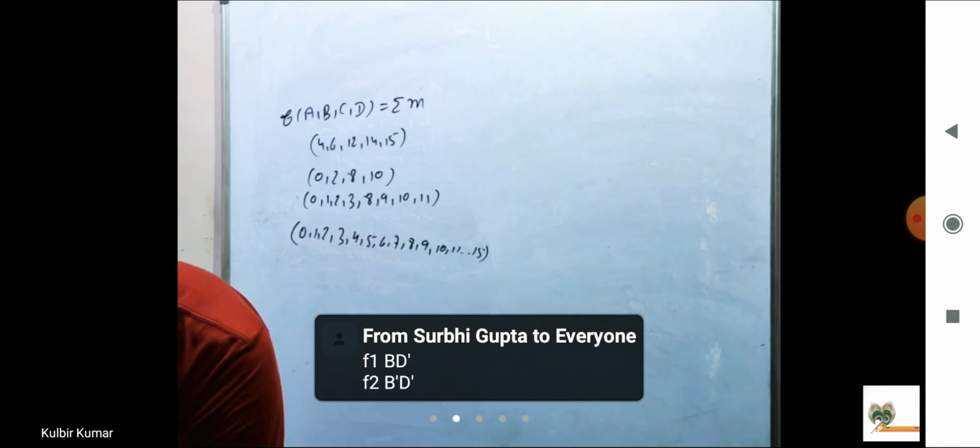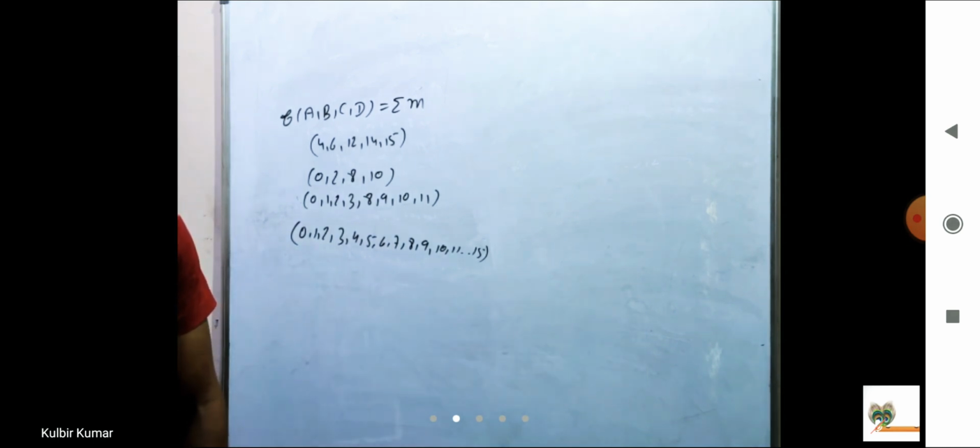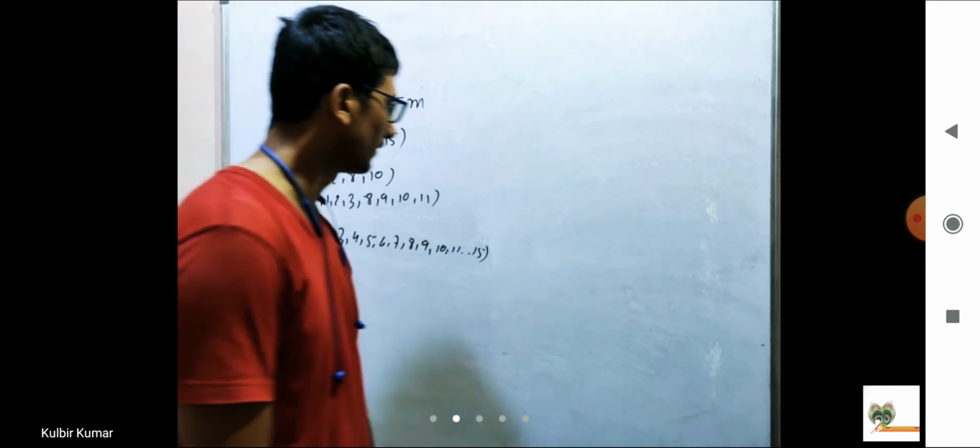Okay, F1 is BD complement. Yeah, might be the right answer. F2 is B complement, D complement.